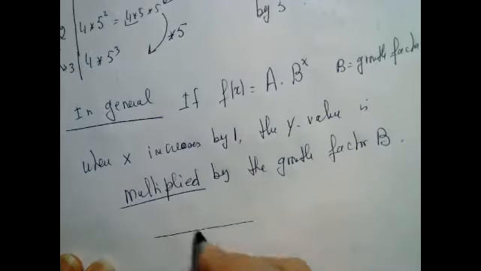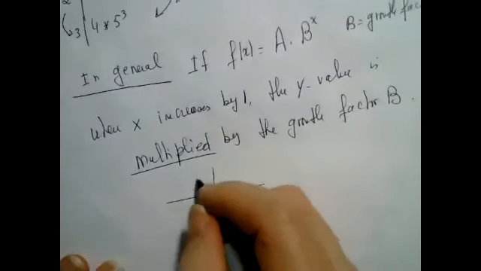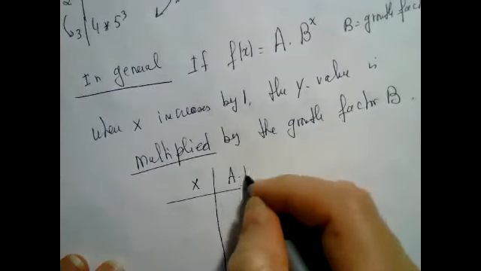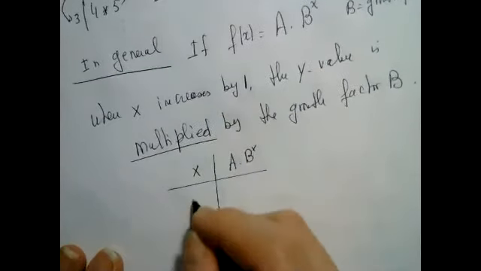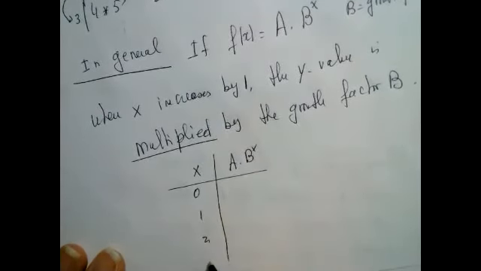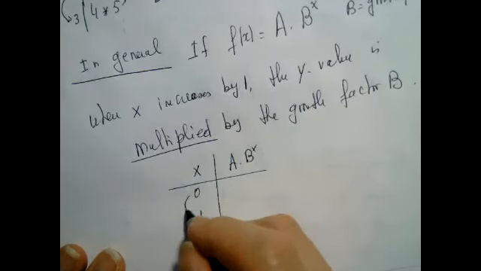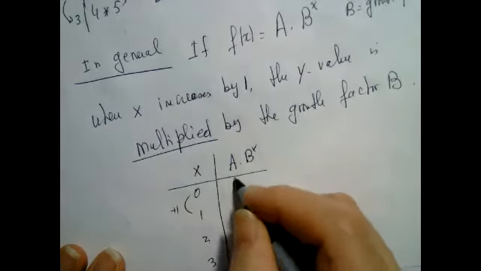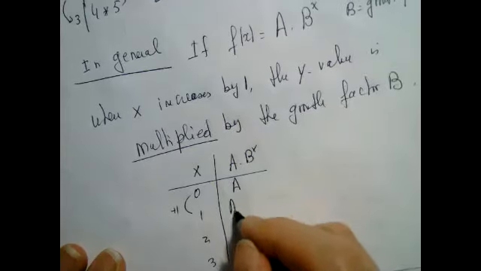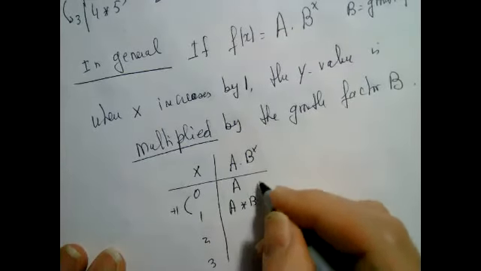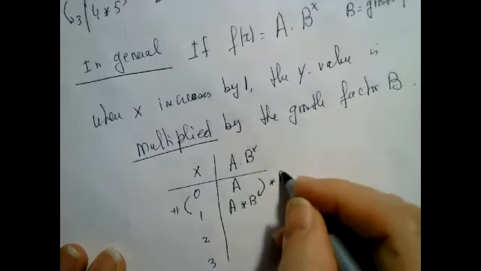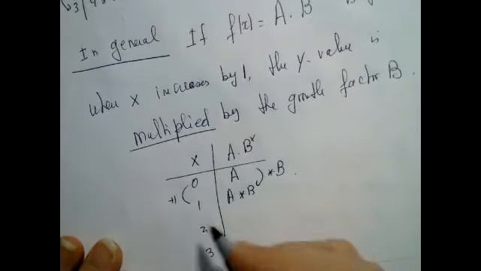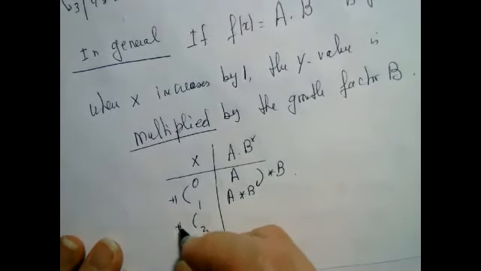So that's my picture here. This is x, a times b to the x. 0, 1, 2, 3. X increases by 1. This is a. This is a times b. We multiply by b. X increases by 1.